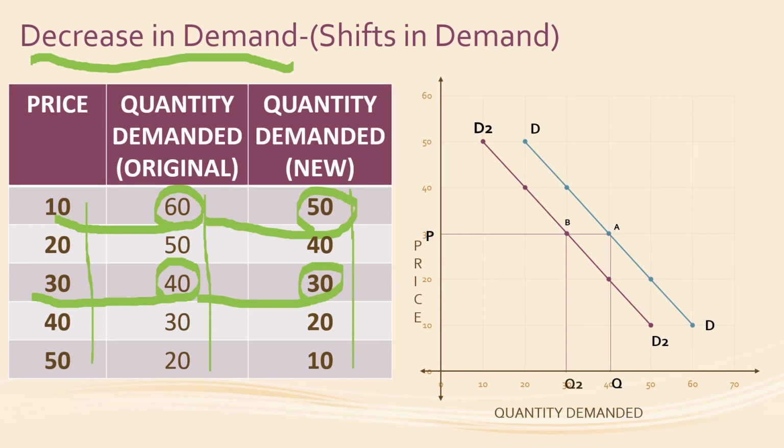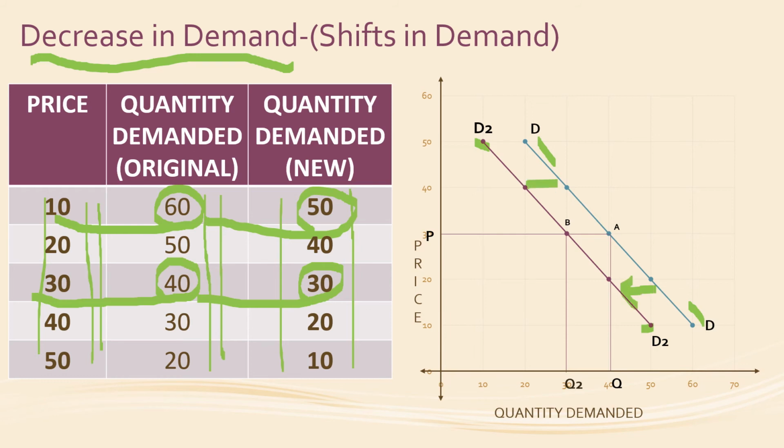The same points or the prices versus the original quantity demanded is plotted here on the demand curve DD. And the price versus the new quantity demanded is shown on the demand curve D2D2. As you can see, there is a backward shift.